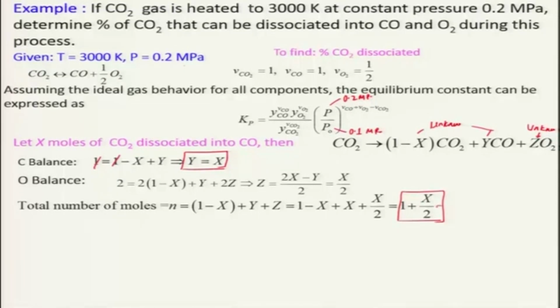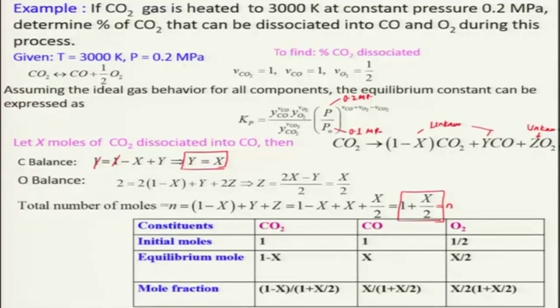Keep in mind this is important because we will be expressing things in terms of mole fractions. So the mole fraction of CO2 is 1 minus x divided by 1 plus x by 2, and the mole fraction of oxygen is x by 2 divided by 1 plus x by 2.